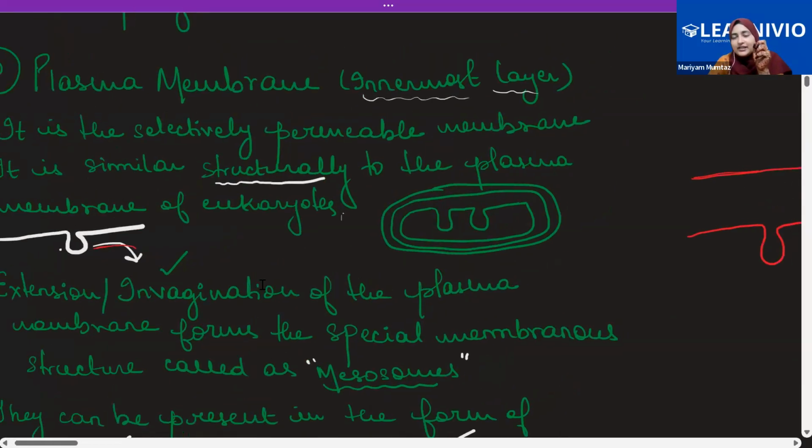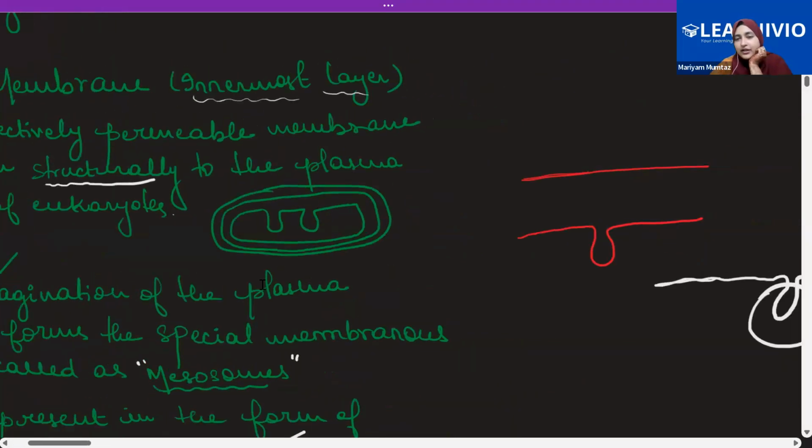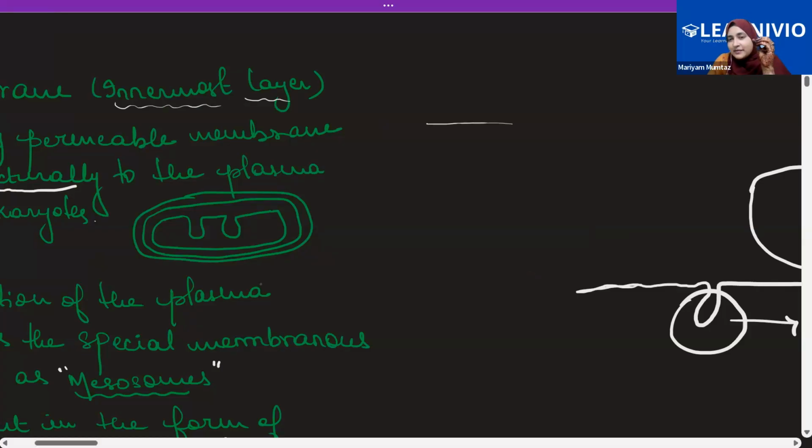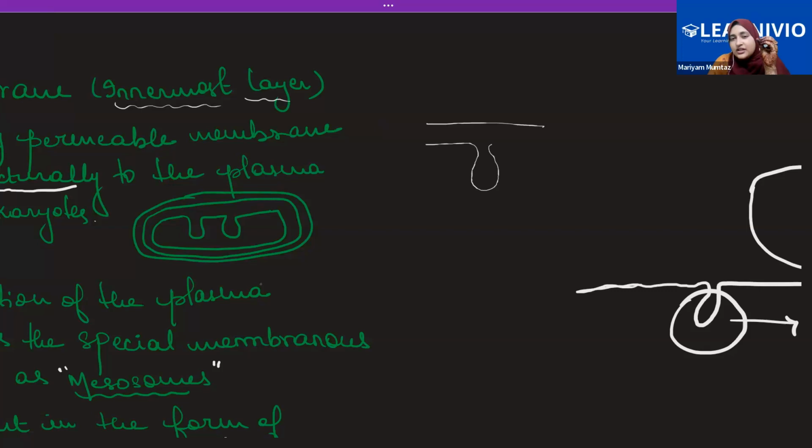Now, in the case of the prokaryotic organisms, there is an extension, or sort of an invagination, of the plasma membrane. So if the plasma membrane is like this, then slowly it will start forming a depression and form a structure which is called the mesosome. Okay, this is called the mesosome.